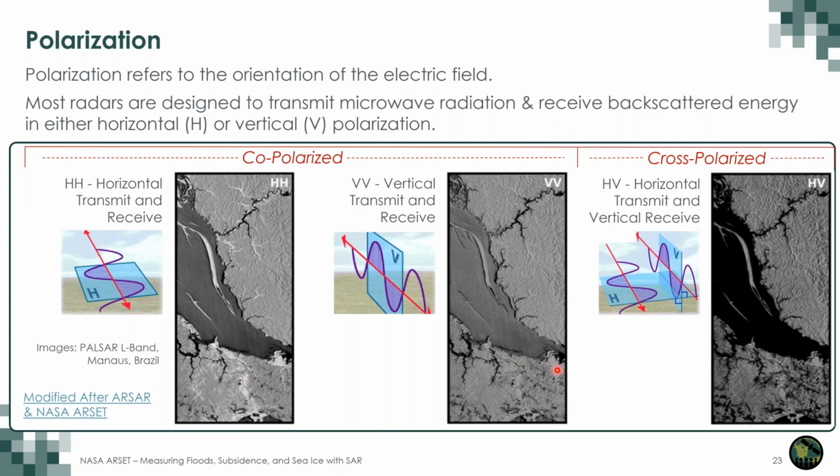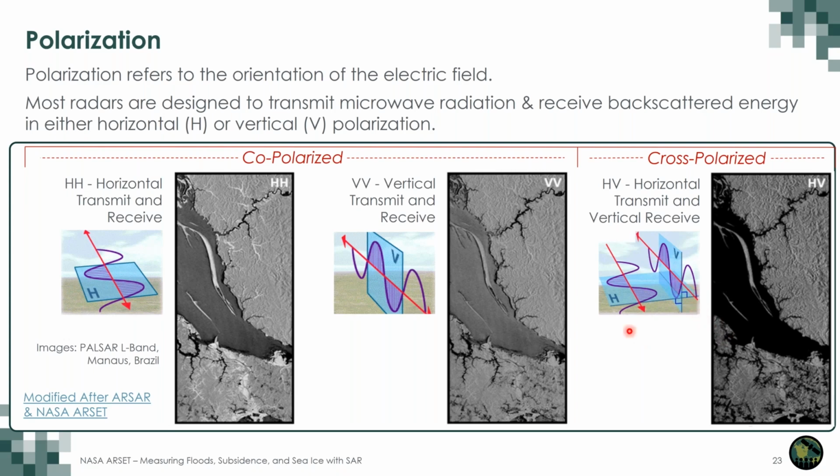If you have polarization capability, you can do also funny things. You can record cross-polarized signals. Those are data sets where you transmit a signal in one polarization. For instance, you transmit, in this case, in horizontal polarization, but you're receiving energy scattered back in the opposite polarization.